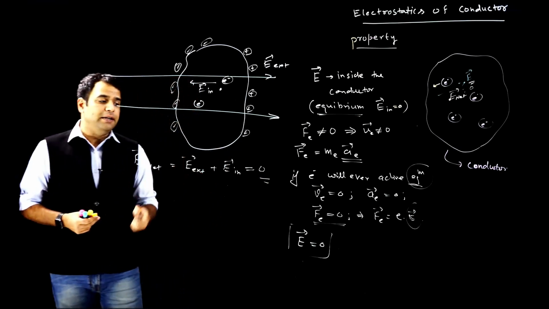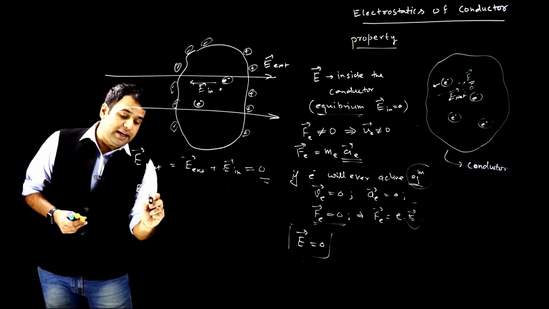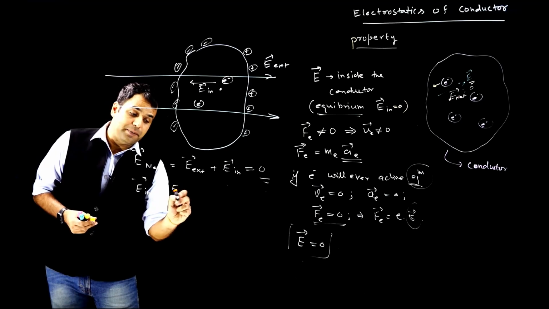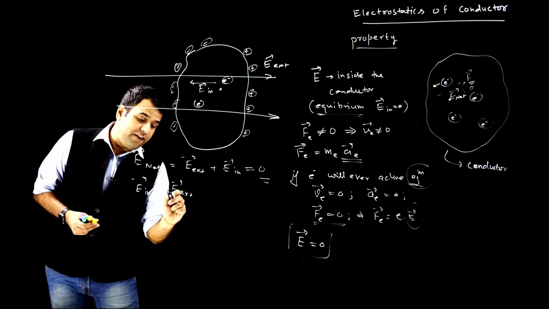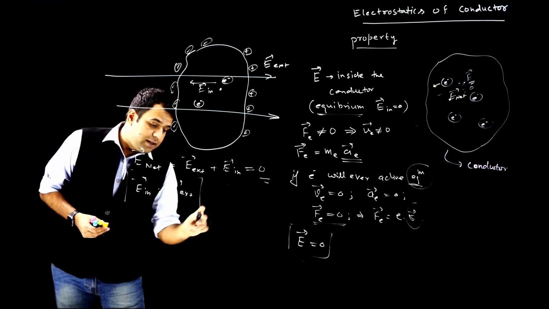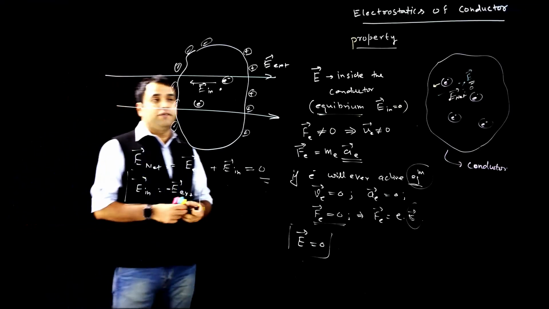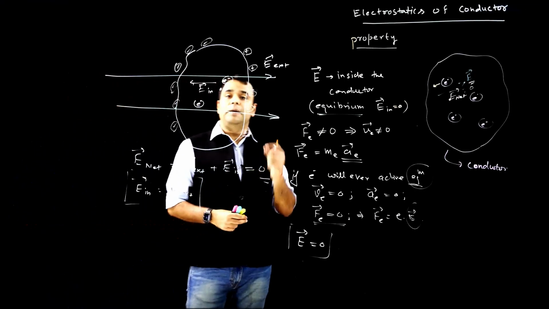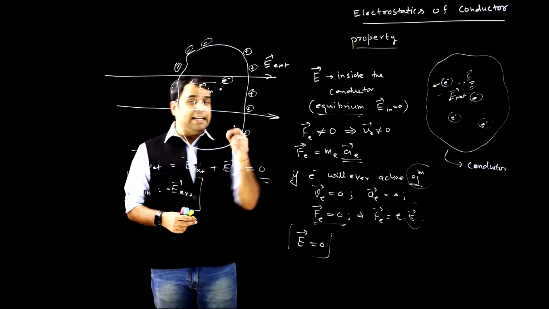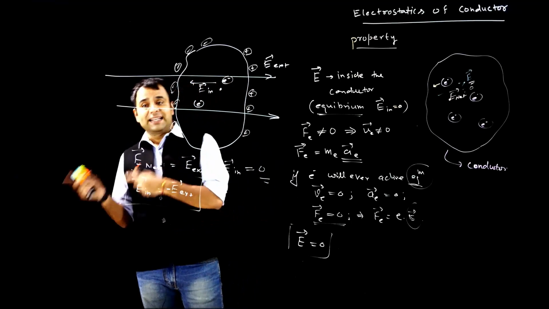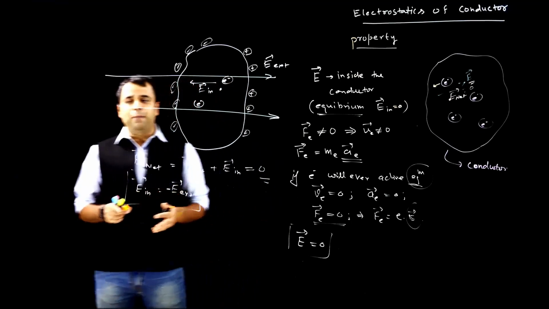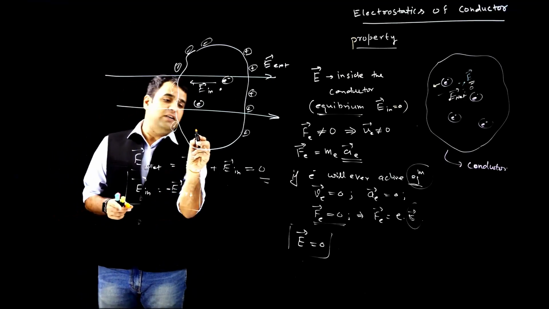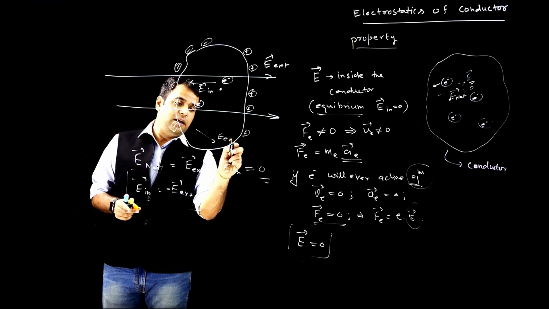And that will happen when the electric field generated by the internal distribution of the electrons will be exactly opposite to the field at each and every point due to the external sources. So whatever is the field, let's say the external field is in this direction at this point.